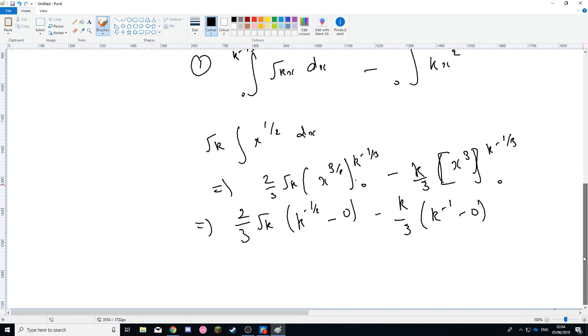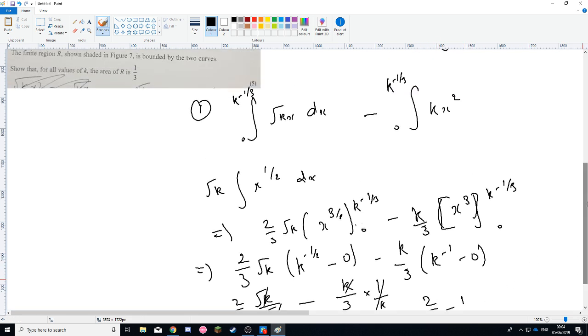Very nice, we wanted that. So this gives us 2 over 3 root k over root k, minus k over 3 times 1 over k. So that's just 2 over 3 minus 1 over 3.